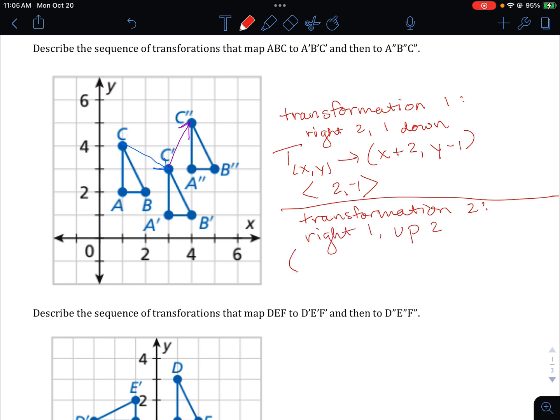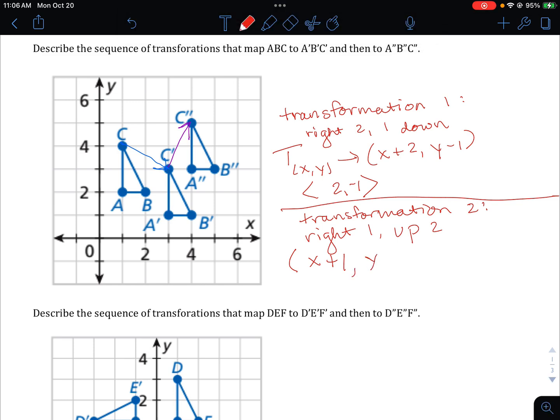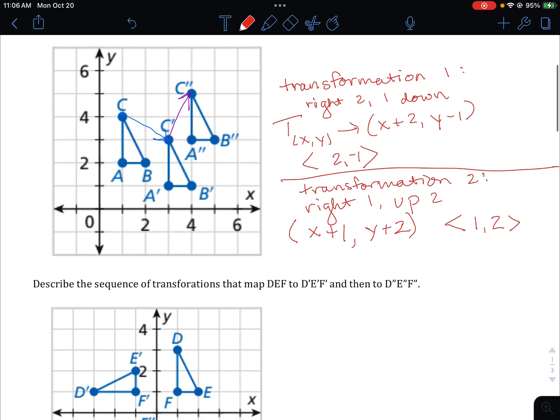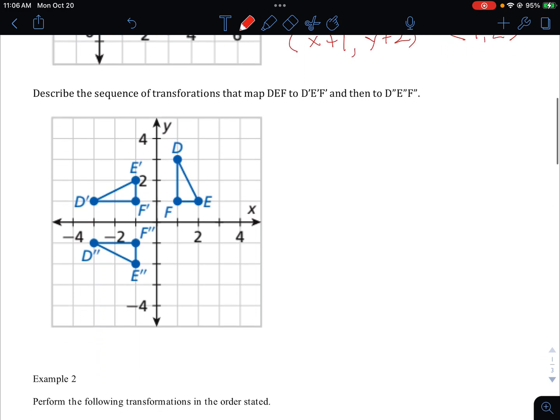If you were going to write the coordinate rule for that, x plus 1, y plus 2, or you could simply do it as a vector and say 1, 2. Okay, so first we went right and down, and then we went right and up. There we are with that. That was translations. That's not too bad.